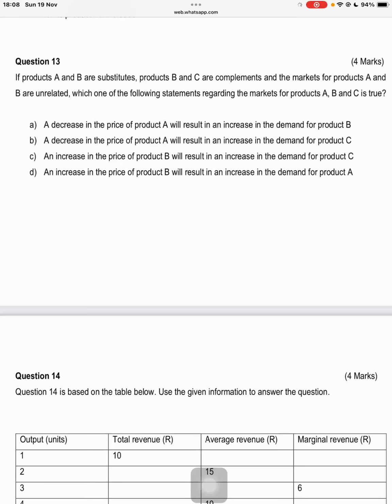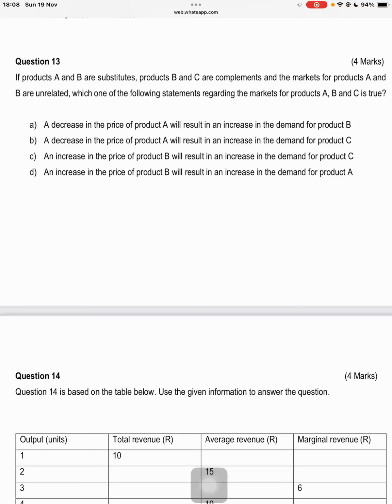Okay. All right, so the easiest way to go about this is to try and picture it in a real world scenario where you can bring it into tangible products that we know. With A and B that are substitutes, they are in unrelated markets. Then we have B and C, which are complements, which means that you can use product B to complement product C and make it either a single product or use it in conjunction with that product in terms of use.